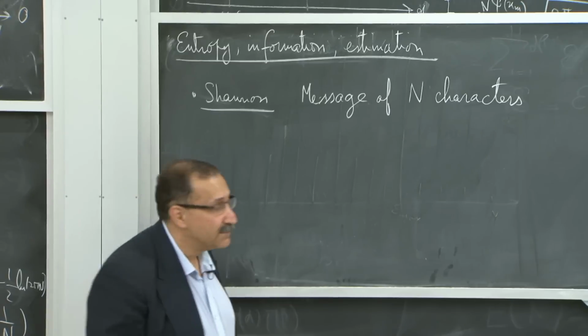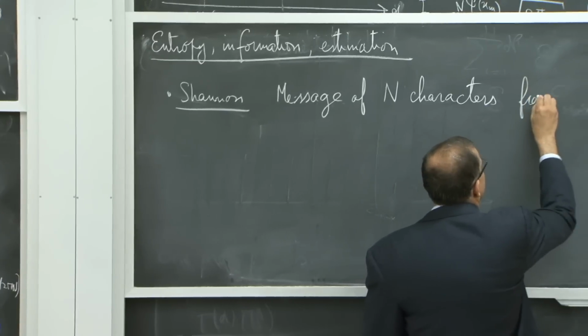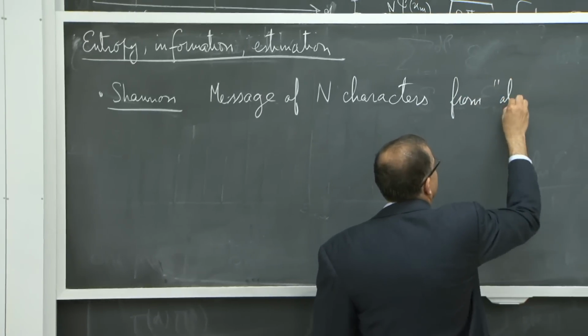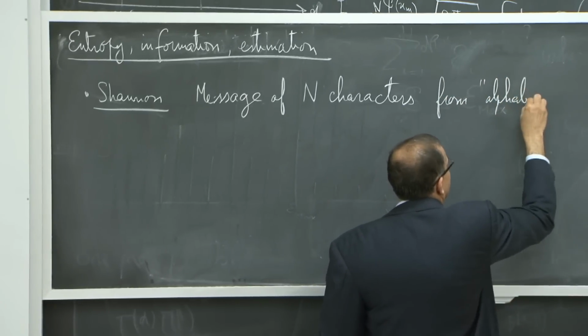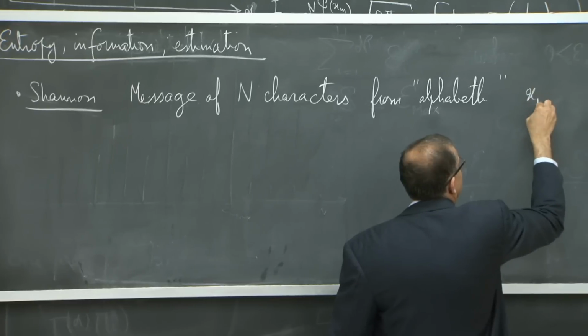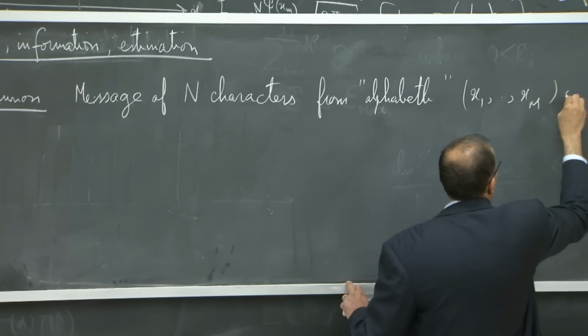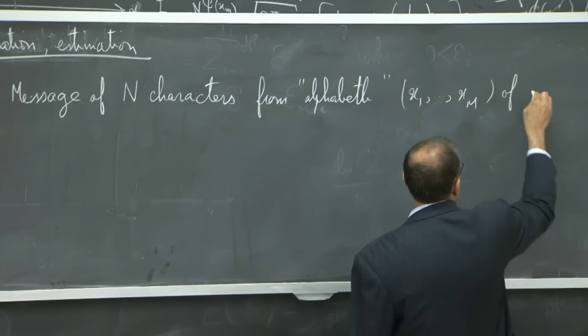The characters themselves are taken from some kind of alphabet, if you like, x1 through xm, that has m characters.